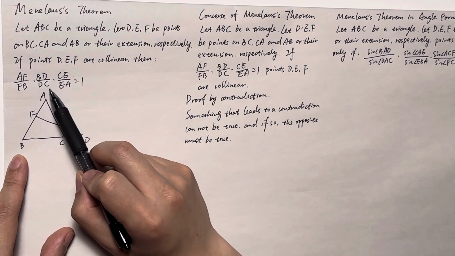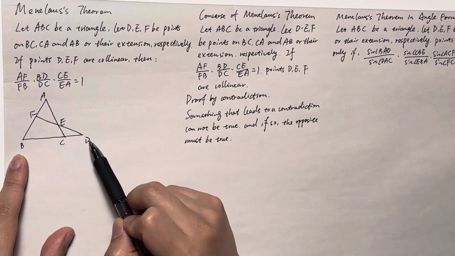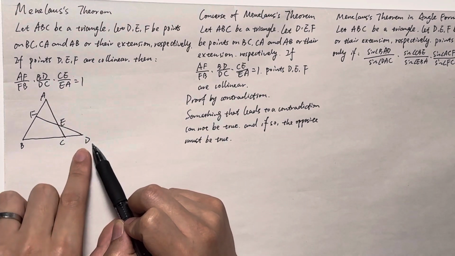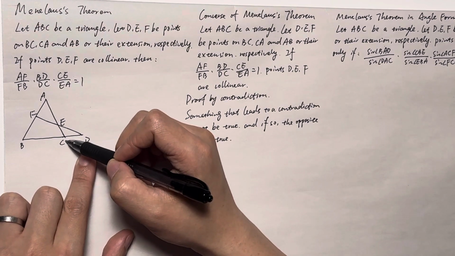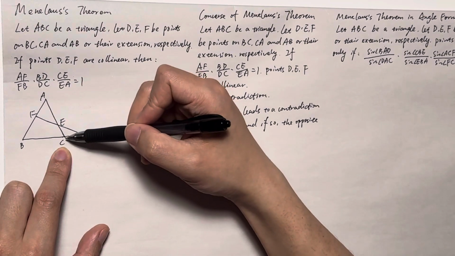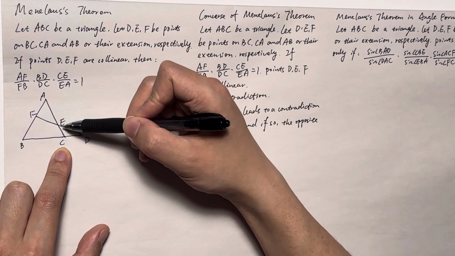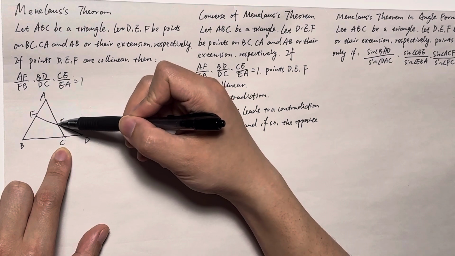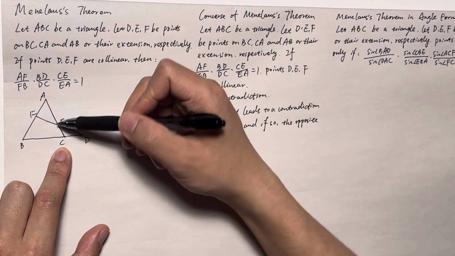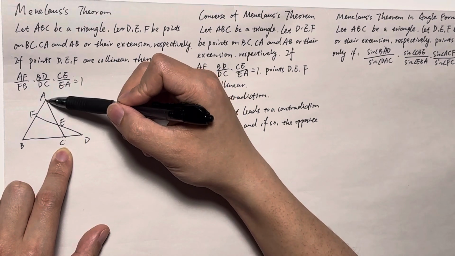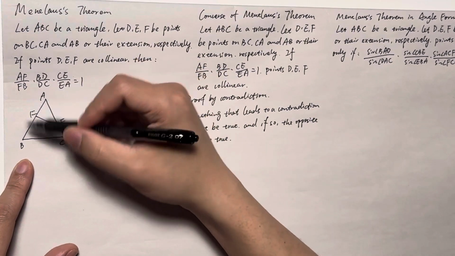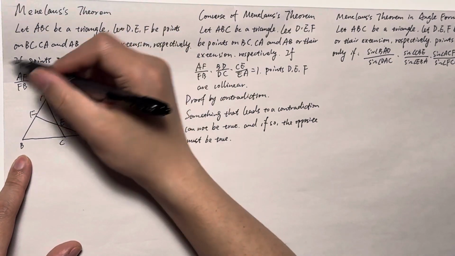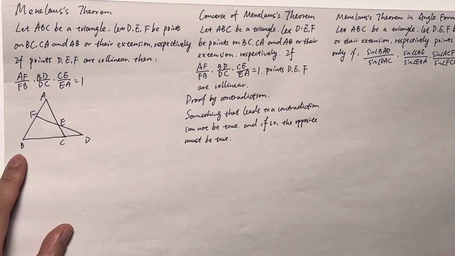And divided by DC, so the denominator still starts from the intersection point and stops at the vertex. Similarly, it starts from vertex C, stops at the intersection point E, and starts from intersection point E, stops at the vertex A. That's how this equation is written.